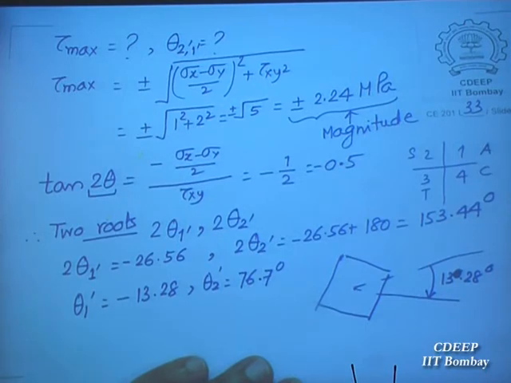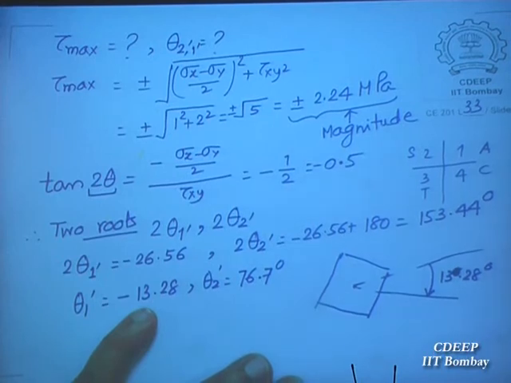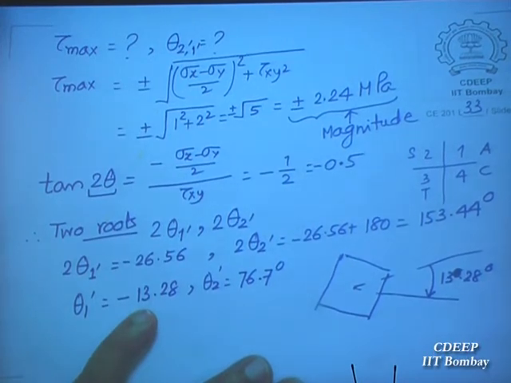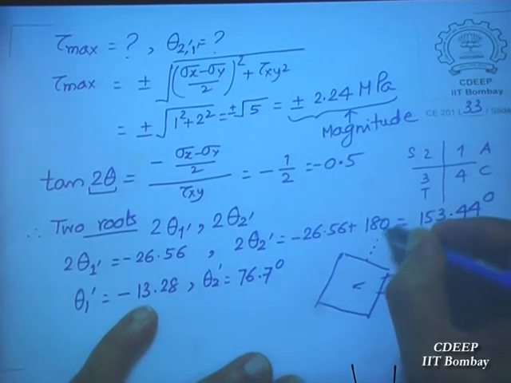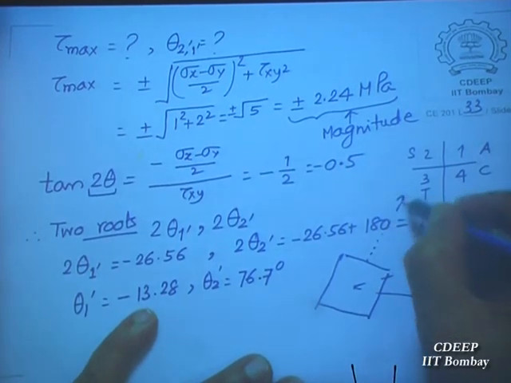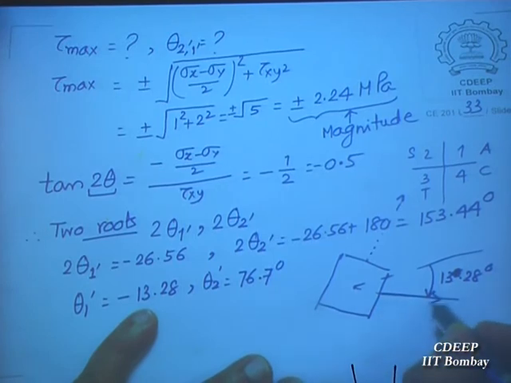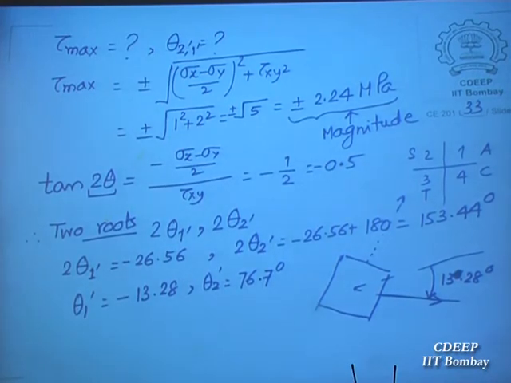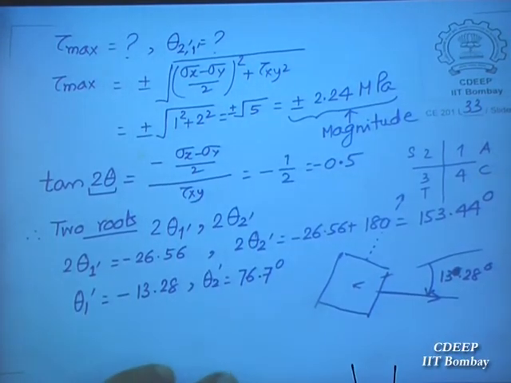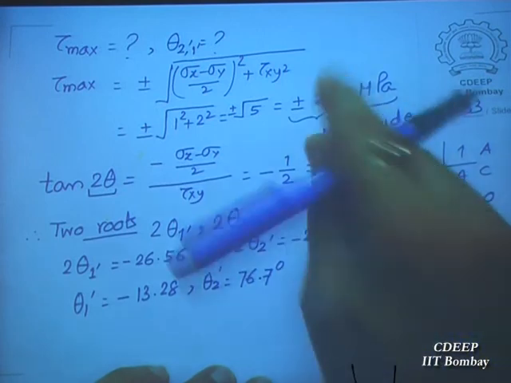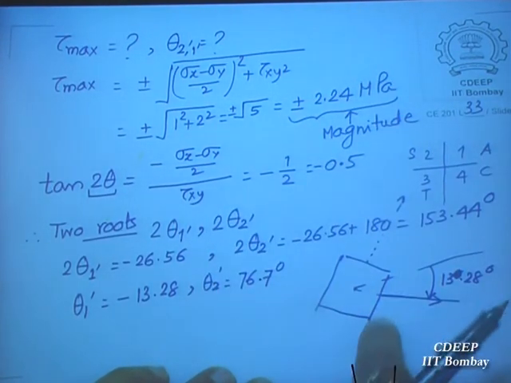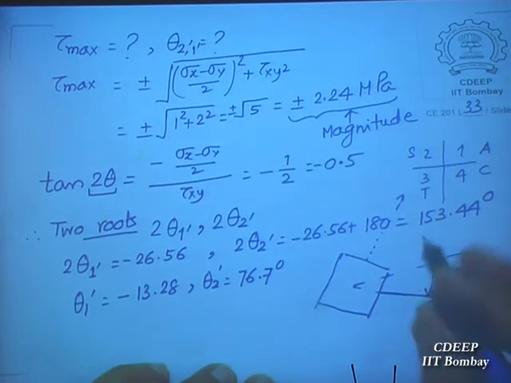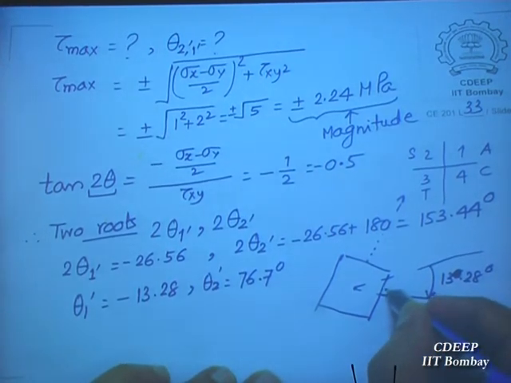So this is okay on this, and this direction is 76. So one direction is here, the other is this. So for maximum shear, which one acts on this plane, plus or minus? You have got the maximum value, plus 2.24.